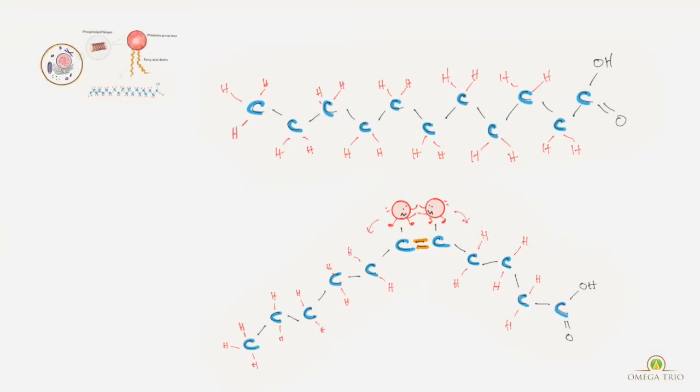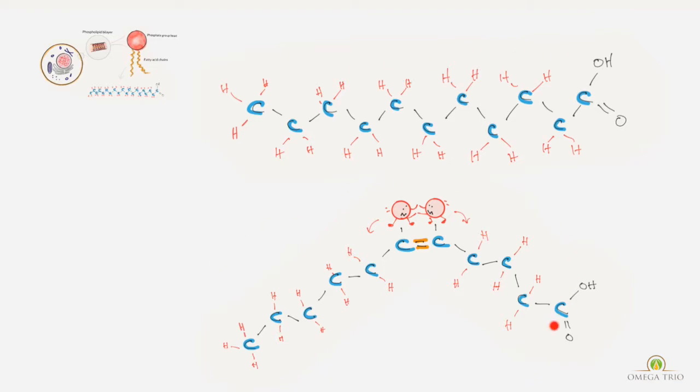Now imagine we put a whole ton of these saturated fatty acids into a jar. They would pack together really nicely because they're all kind of straight. And so what this means is that it's more dense. And that means that it's actually harder to break that structure. And so what you would be familiar with is things like butter, which is solid at room temperature. So saturated fats tend to be solid at room temperature.